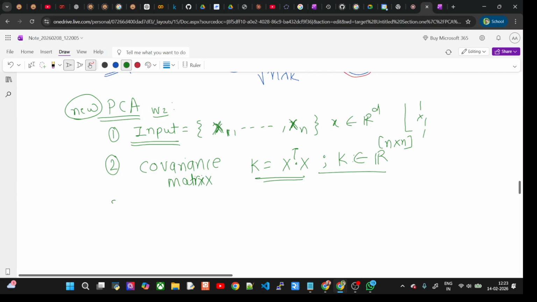Once you get this covariance matrix K, as usual we will do the eigen decomposition of the K matrix, the covariance matrix.